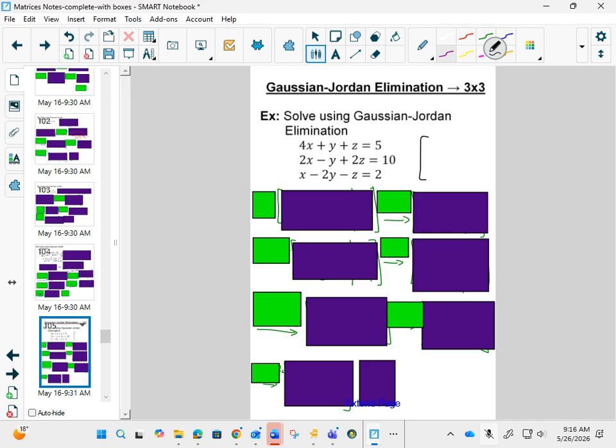This is our goal. Our goal is to get this, and I'll color code it again. That's our first job, to get ones there.